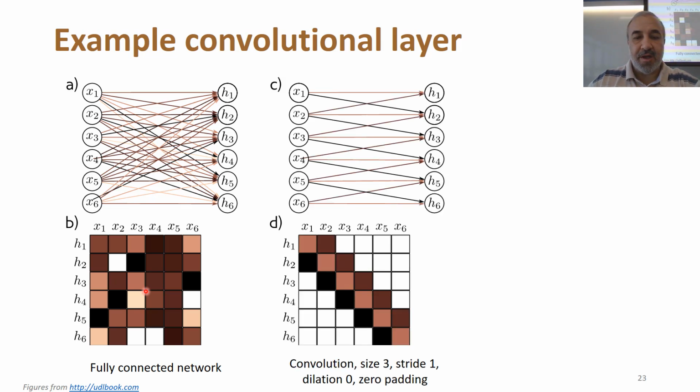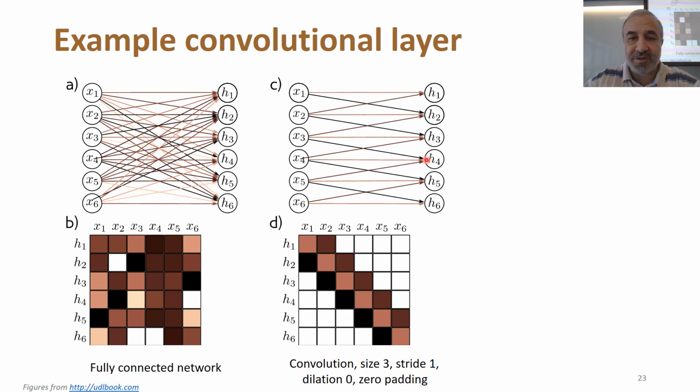Now, this is an example of a convolutional layer, applying a kernel of size, can you tell the size from that figure? So let's take this unit. This unit is a weighted sum from x2, x3, x4, right?